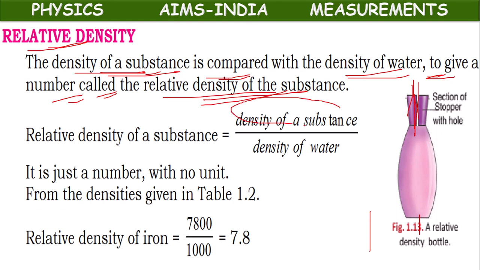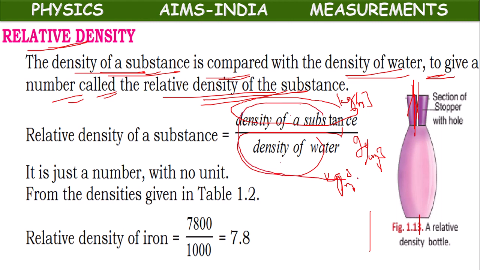If we divide density of substance by density of water, both in kg per meter cube, or both in gram per centimeter cube, all units are the same here. So the units get cancelled and we get only a number. So relative density doesn't have any units. It's just a number with no unit.